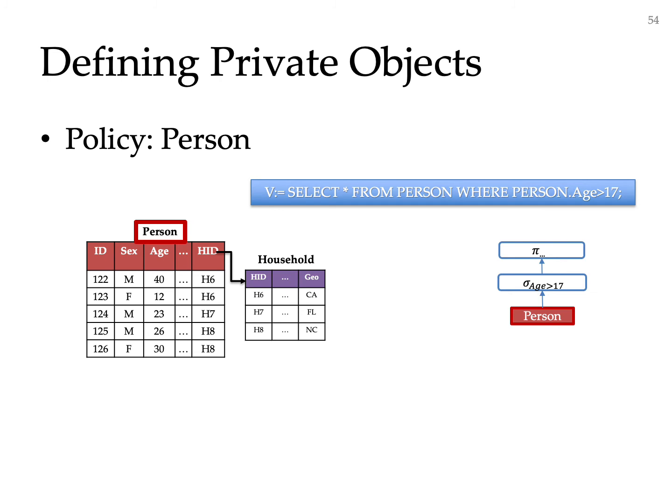And therefore, we can write a query execution plan as follows. We first apply a filter operation over the person table that filters out all rows with age greater than 17, and then we return the retrieved outputs. And knowing that adding or removing one row from the person table, the resulting query will only change by 1. Thus, we obtain the sensitivity on the policy person equal to 1.